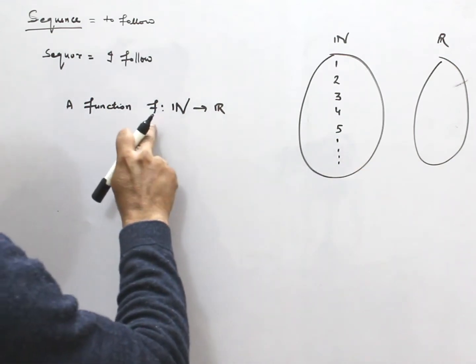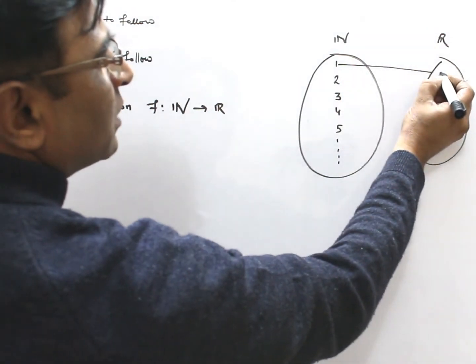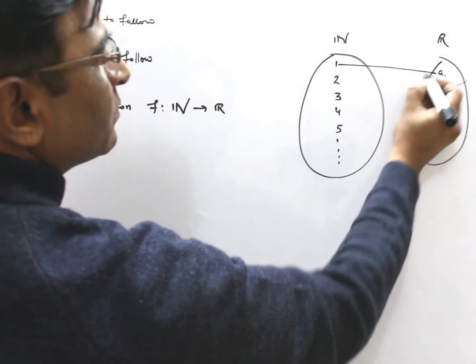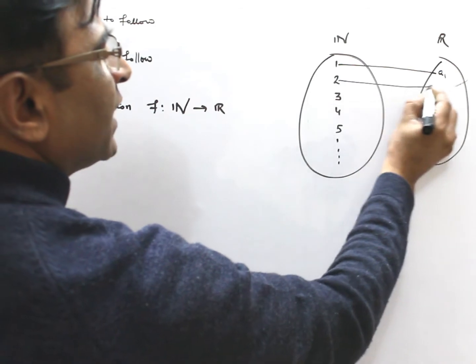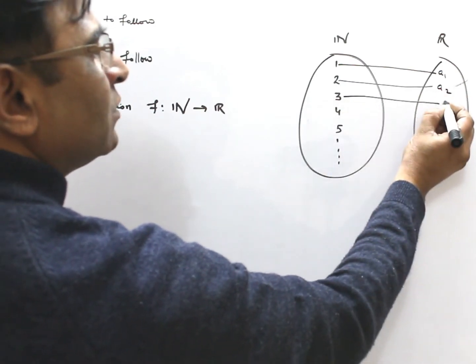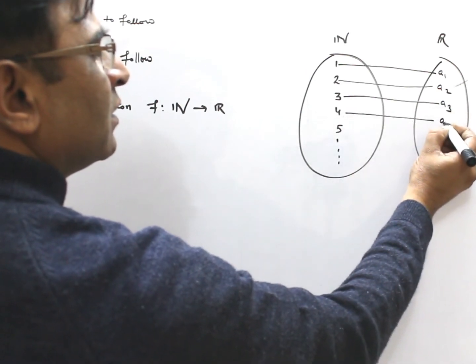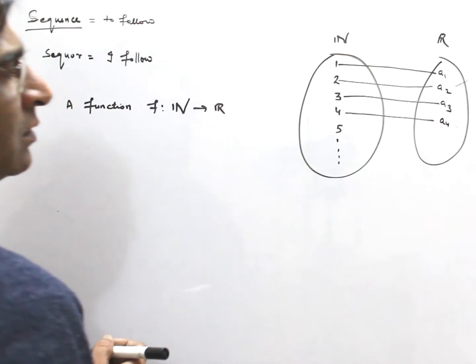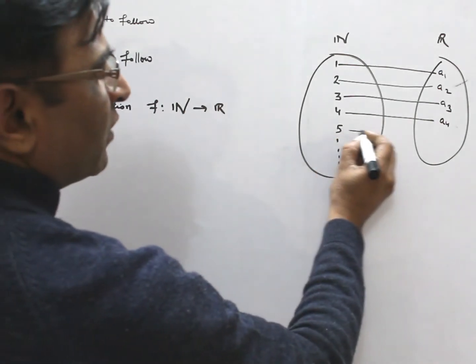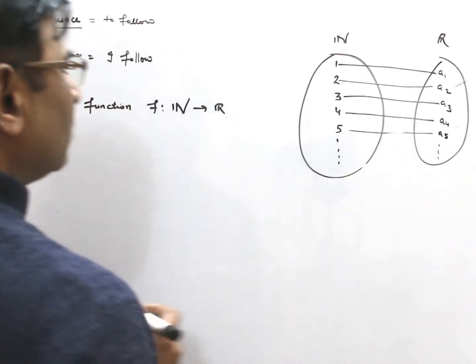Suppose f carries 1 to some real number a1, 2 is carried to a2, 3 is carried to a3, 4 is carried to a4, and 5 is carried to a5 and so on.